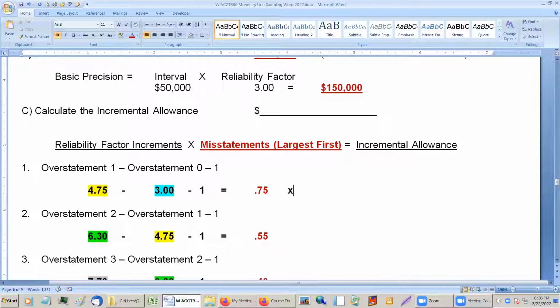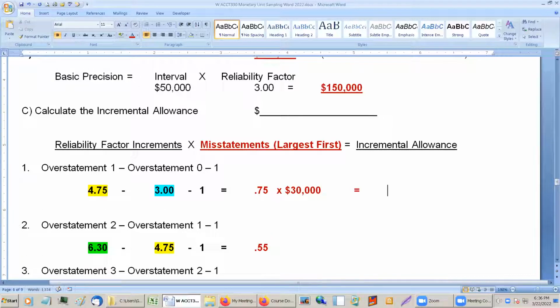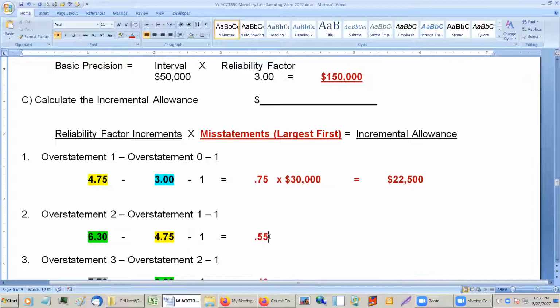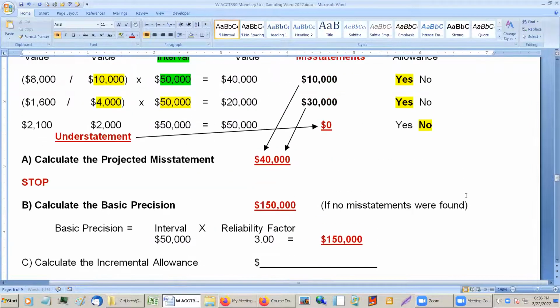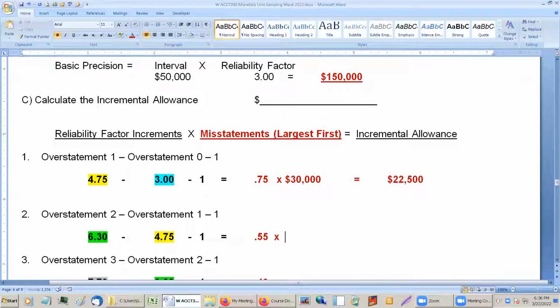So you multiply this by, what am I doing here? 22,500. I think that's right. And then we're going to take the second one, which is 10,000. Yep. Equals 5,500.